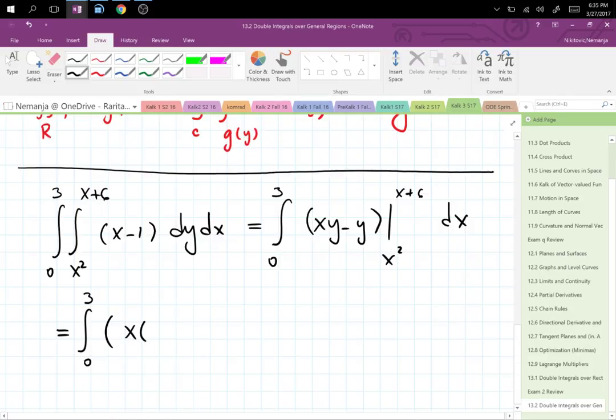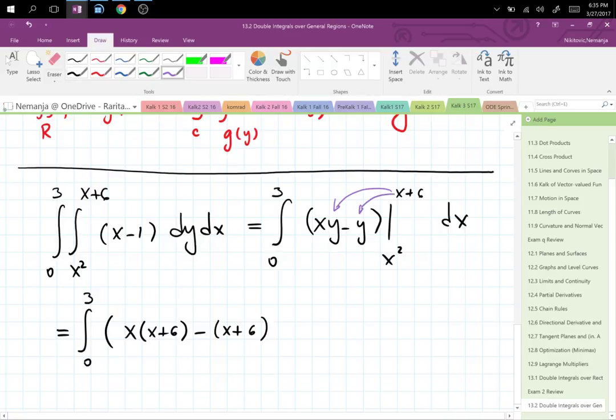We have x times x plus 6 minus x plus 6, which is the first calculation. No, we're plugging in for each y. So it goes here and it goes here, right?